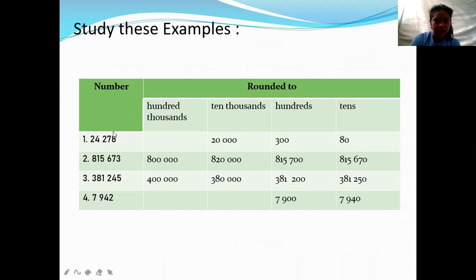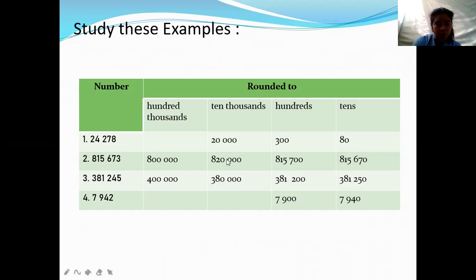This 2 is in the 10,000 place. What is the number next to 2? That is 4, right? So again, the rule: if the number next to the rounding digit is 4 or below, 4, 3, 2, 1, 0, you are going to retain the number and the numbers to the right become 0.